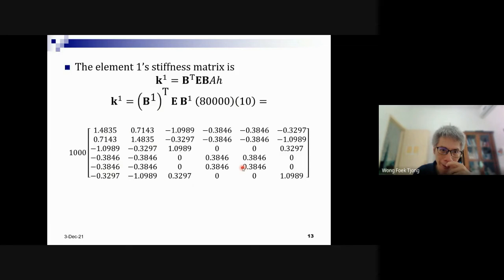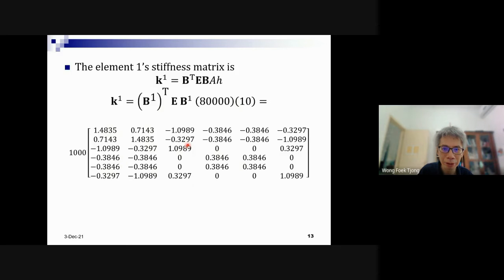You see that the stiffness matrix retains the properties of the stiffness matrix. For example, the diagonal is positive, right? Diagonal positive, symmetric. What else? How about singularity? Is this singular or not?